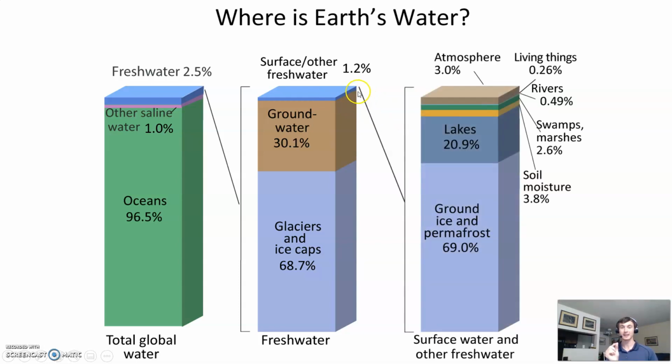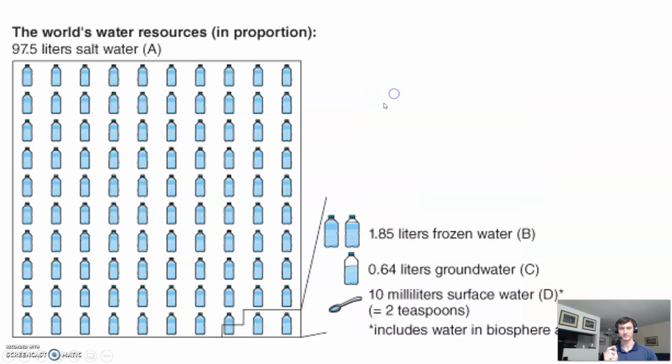And if we break that down even further, so we have our tiny percentage of all water, and we break this down into a tiny percentage of the fresh water, most of that is in ground ice and permafrost, so permanently frozen water on the ground, about 20% in lakes, and all the rest, rivers, swamps, soil moisture in the atmosphere, and living things, is all tied up in remaining roughly 10% up here.